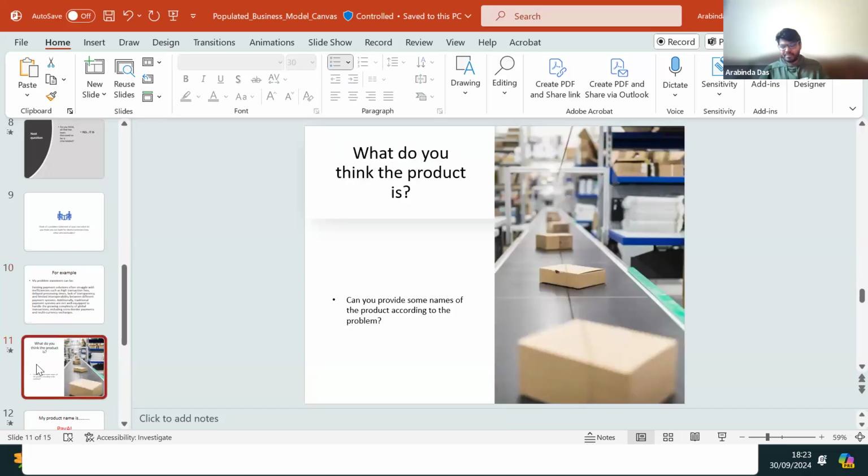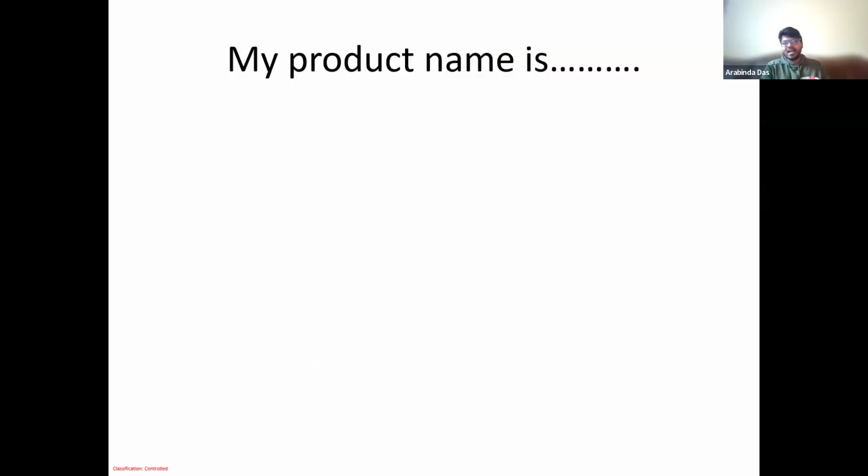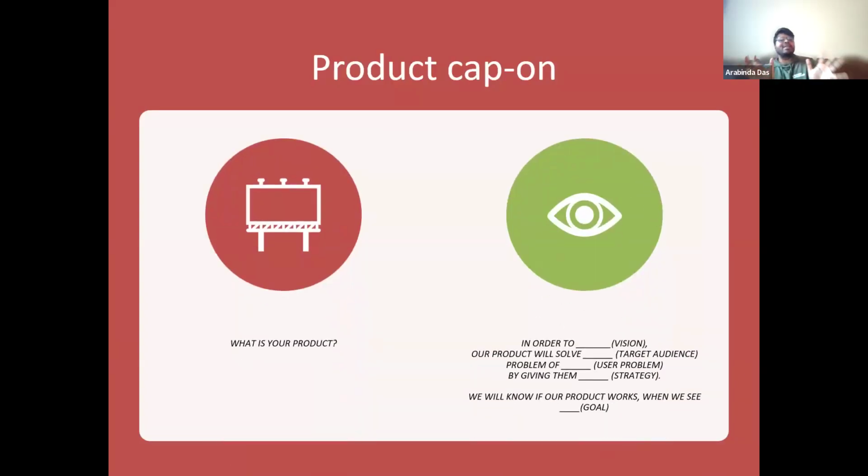In my case, my product name is Pay AI. I thought AI can be fancy, so I gave it Pay AI. So just put your product cap on right now, and we'll go deeper into the exercises.